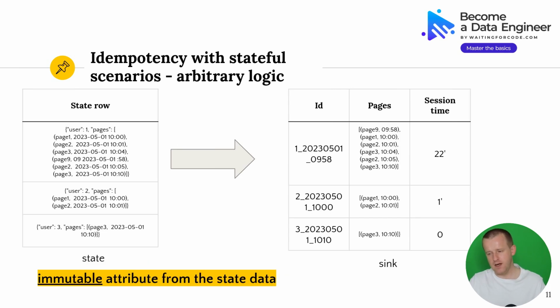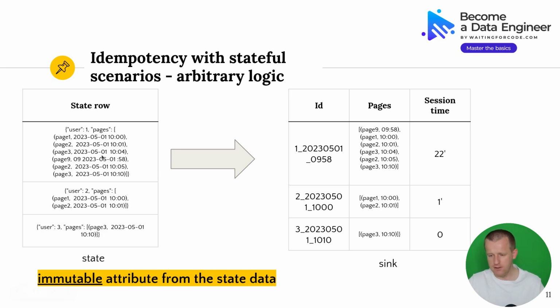Another one is for arbitrary logic. It's the same principle, but here you need to make much more effort because the data processing framework will not provide any hint on how to build this ID. Typically here we are building a kind of navigation of a user on a website, an example that we saw already in the previous lessons. Here we have the user ID, something that will never change, which is the identifier of the state.